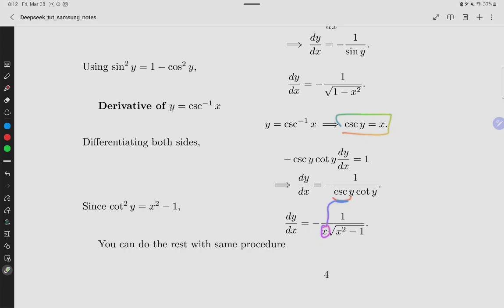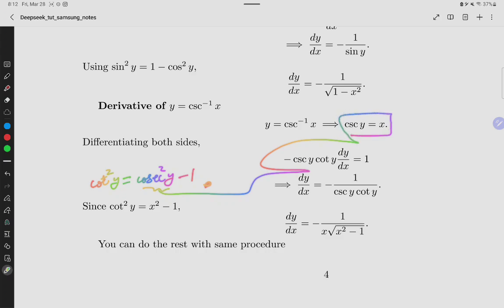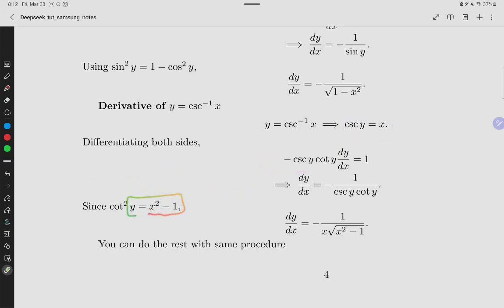But for the cot y, we have the formula that cot square y is equal to cosecant square y minus 1. So we'll just replace. This cosecant square y is replaced with x square, and we have x square minus 1.